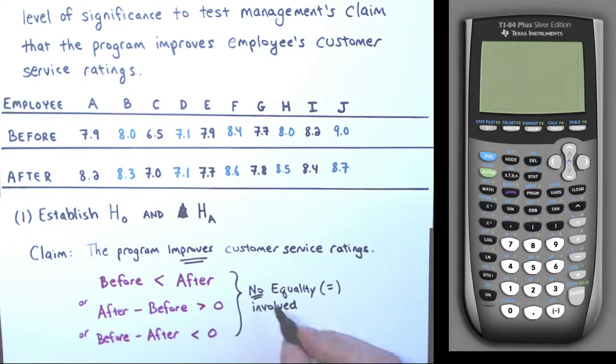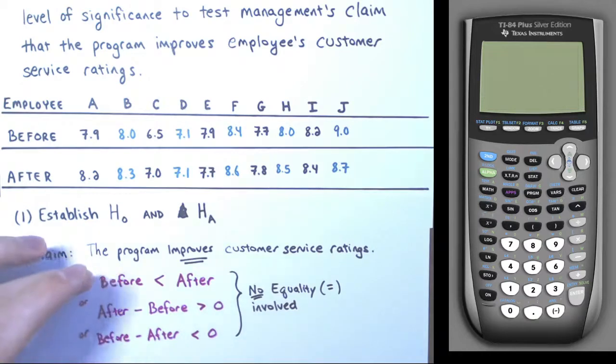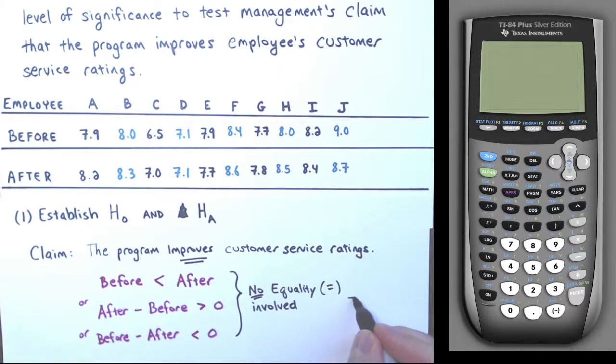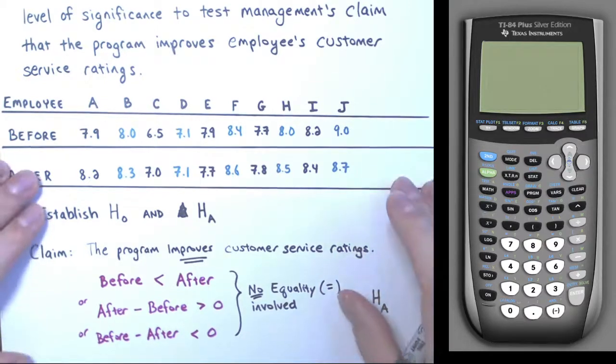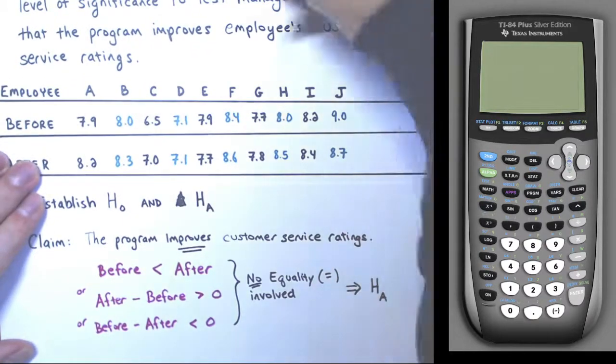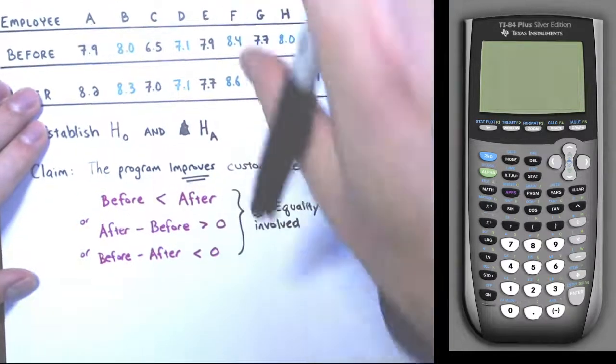So that means that this claim is going to be the alternate hypothesis. If the claim does not involve equality, less than or equal to, greater than or equal to, or just equal to, then the claim is represented by the alternate hypothesis.